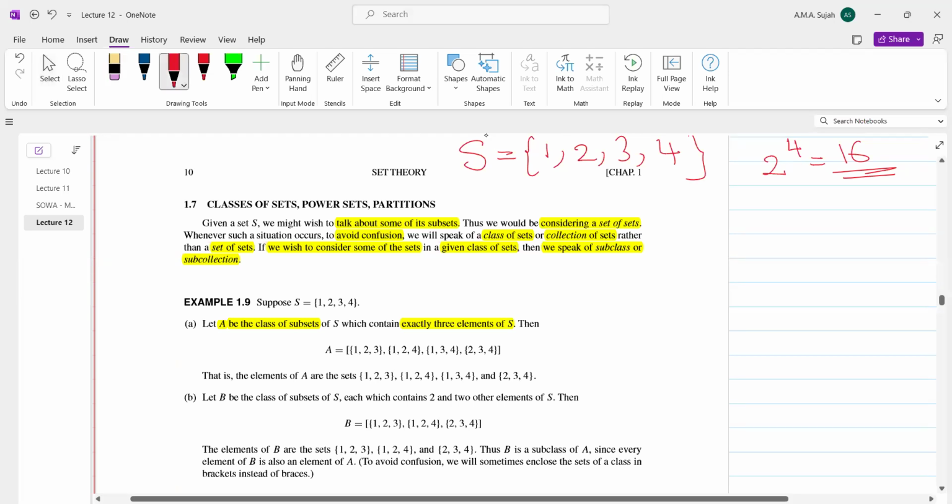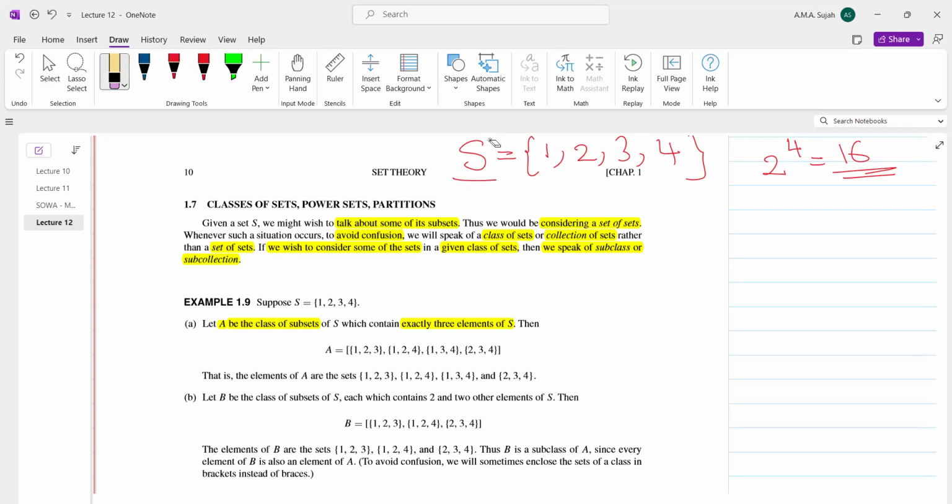For a set you can write 2 to the power n subsets. You will pick some subsets of this particular set. If you create another set, that set we can call a class of set. Did you get my point?